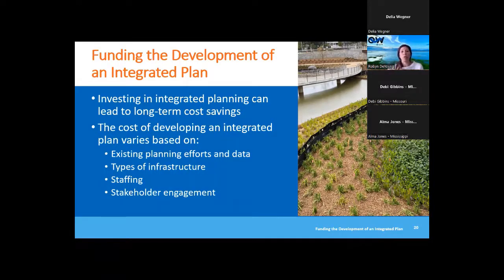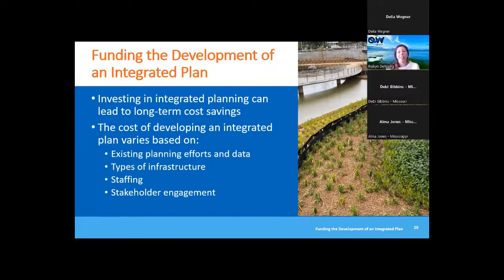So if you think about your plan that goes out 15, 20, 25 years into the future, you can then incrementally fund your investments over time, and you can show the state permitting authority or other people who you need to, the public, your mayor, etc., we have a plan over the next 15 to 20 years, and this is how we're going to get to cleaner water. This is how we're going to protect our public with cleaner water, more recreation opportunities, less risk for sewage overflows, that kind of thing.